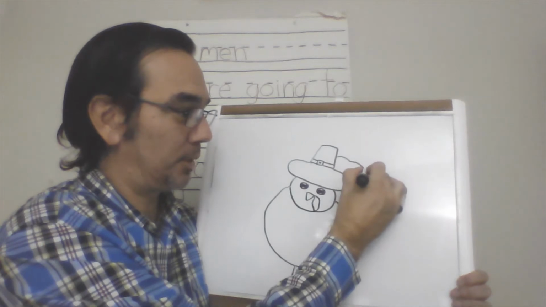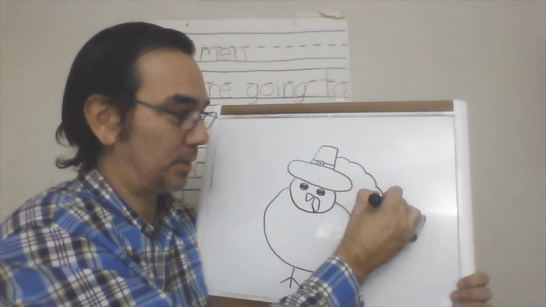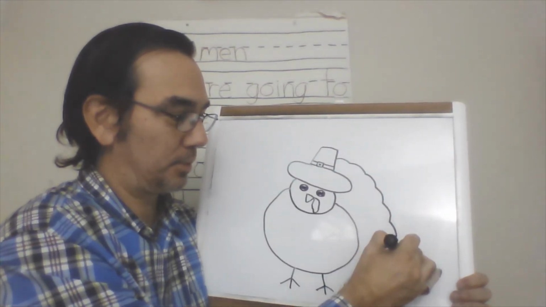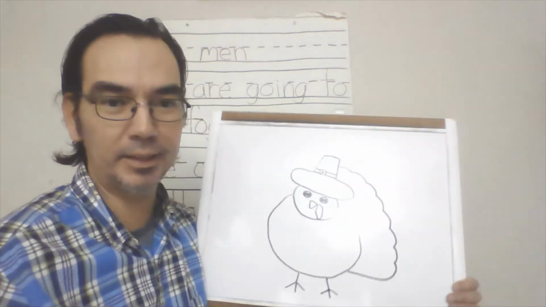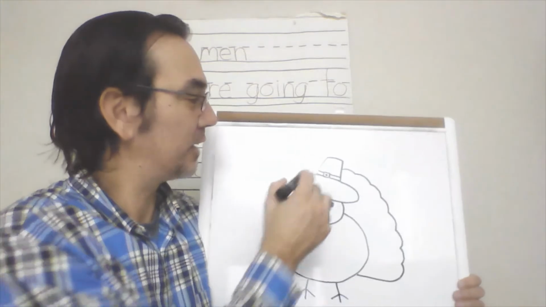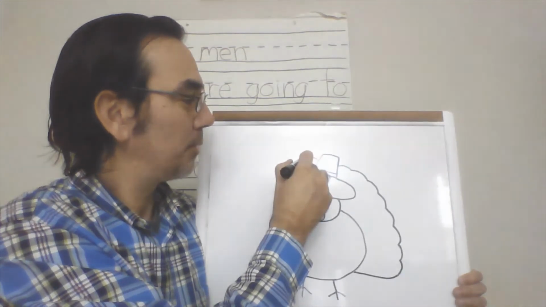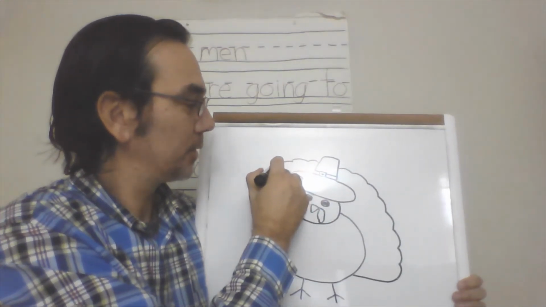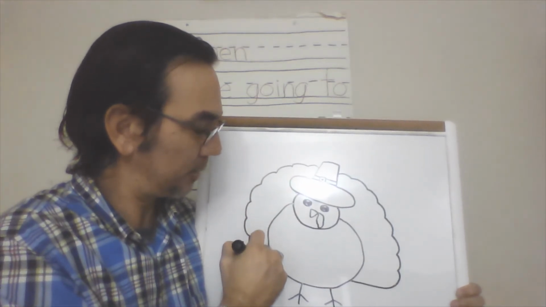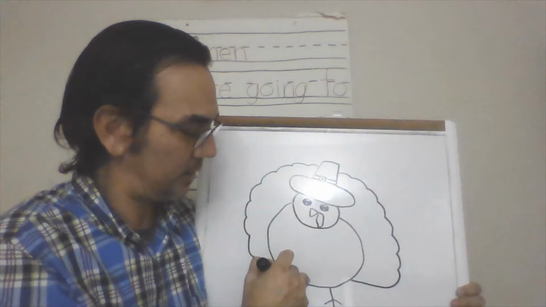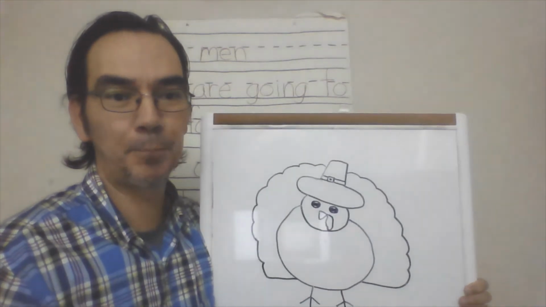Bump, bump, bump, bump, bump, bump, bump, bump, and then in like that. And then I'm going to do the other side as well. Bump, bump, bump, bump, bump, bump, bump, bump. One more and in. There we go.